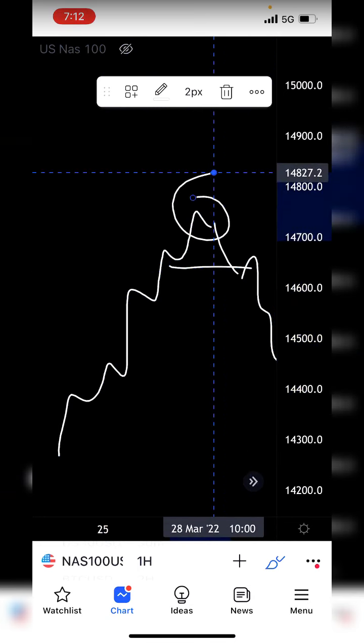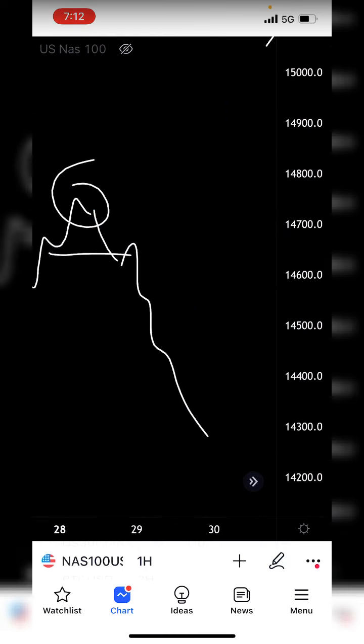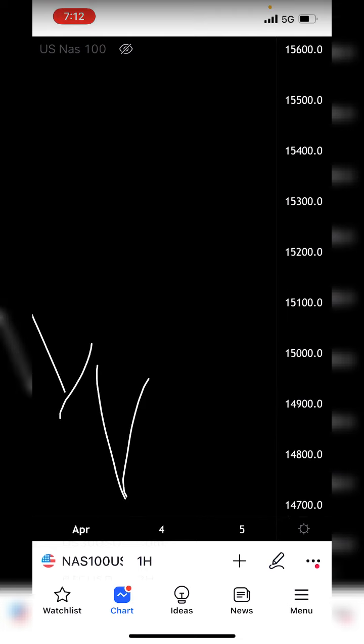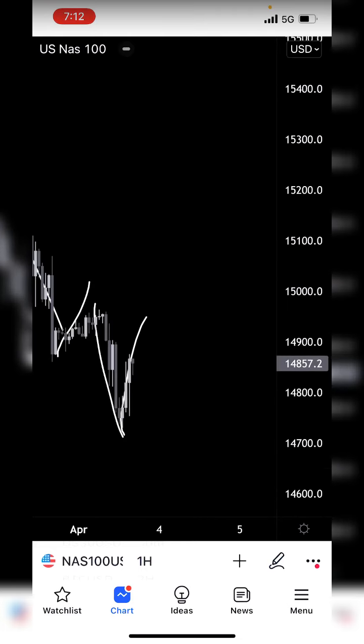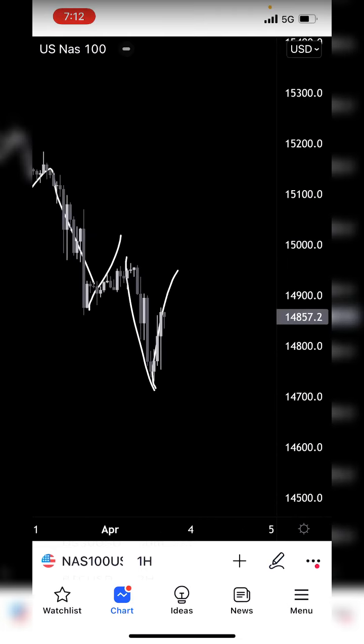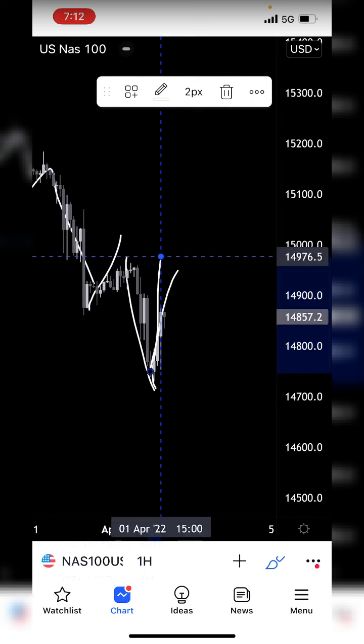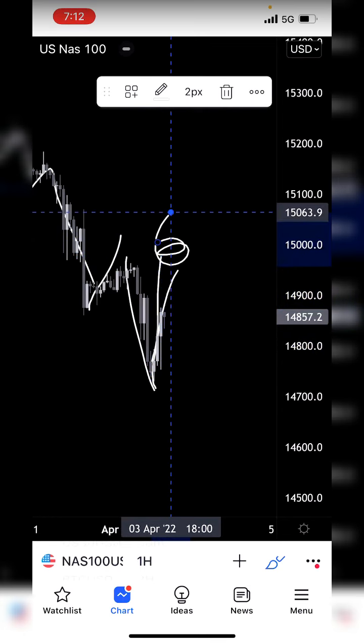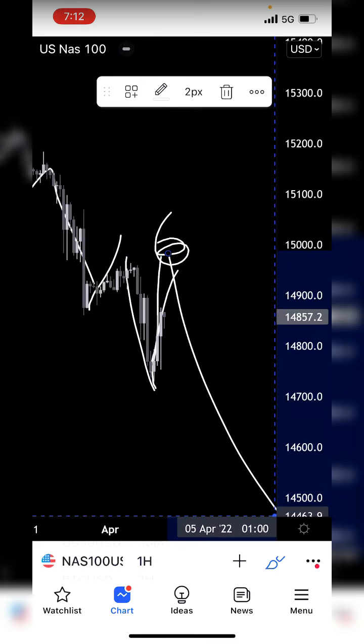And I'll enter right here on the smaller time frame. That would be our higher time frame pulling back, because this is the 1 hour, and you can see the 1 hour is making the same structure. So we're coming up to make a high, and then I'll zoom in to the smaller time frame to see what's going on, and you'll see the trend change. Take it back down.